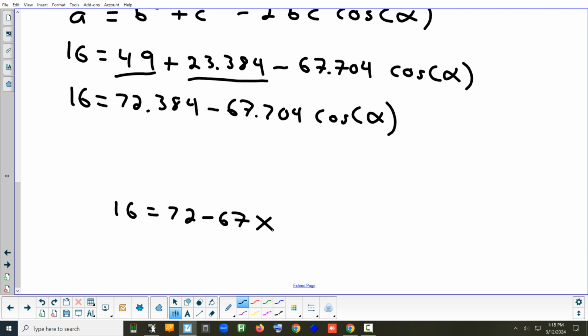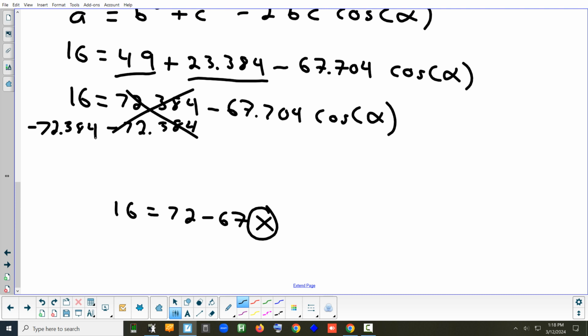The steps here are exactly the same steps there. What would be your next step here if you're trying to get this x by itself? Yeah? Subtract each side by 72. Right. You can't do 72 minus 67 because the 67 is multiplied by a variable you don't know. So you got to bring 72 to the other side. So that's gone.